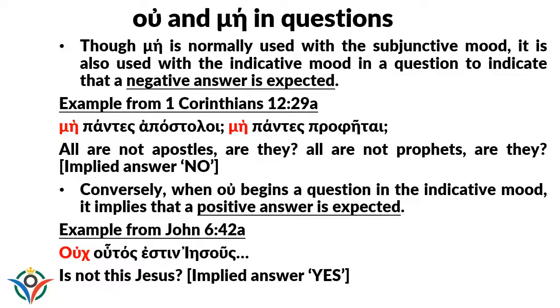In this next section of this lesson, I'd like to teach you how ou and me are used in questions. So let's begin with me first. Though me is normally used with a subjunctive mood, it is also used with the indicative mood in a question to indicate that a negative answer is expected. So here's an example from 1 Corinthians 12 and the first part of verse 29.